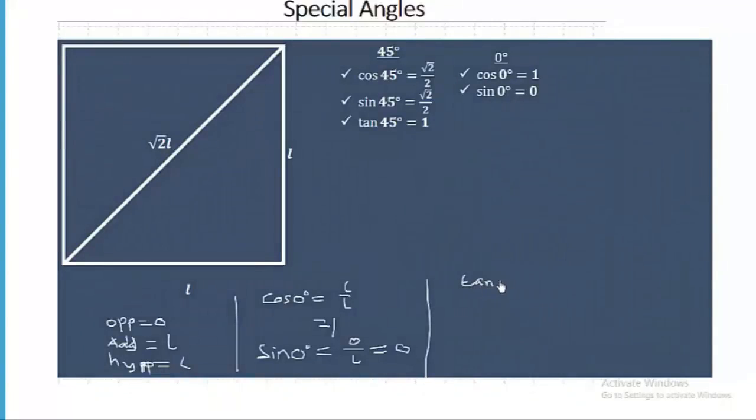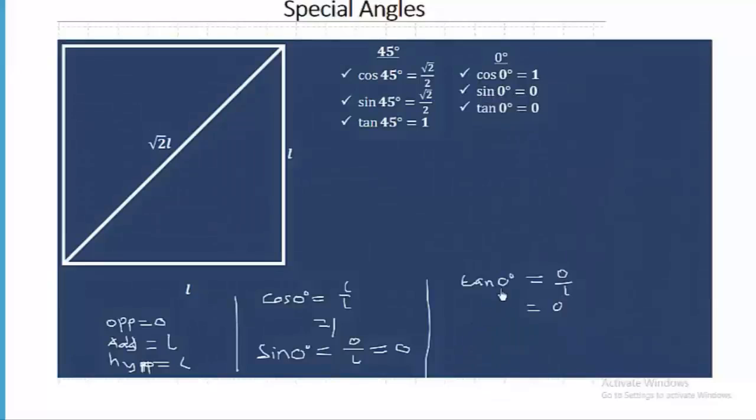So tan 0 degrees will be equal to opposite over adjacent, which is 0 over L, and this will also give us 0. We can also use the fact that tan 0 degrees is equal to sin 0 degrees over cos 0 degrees to also obtain 0.